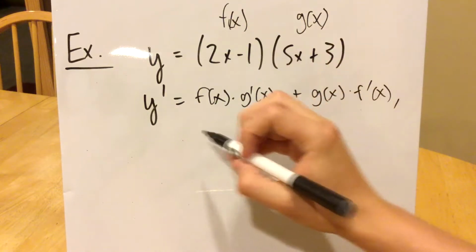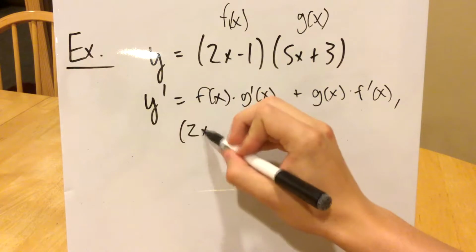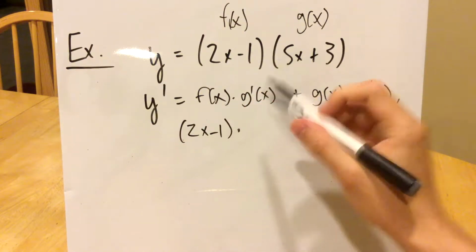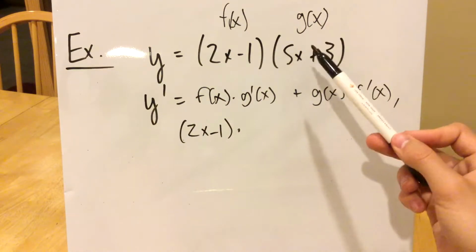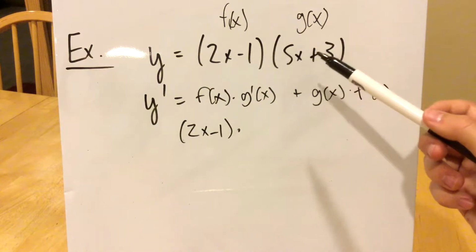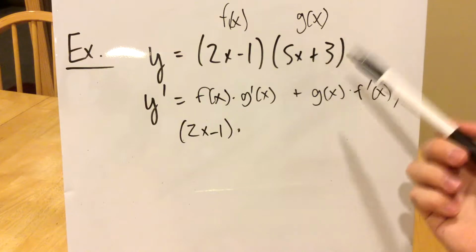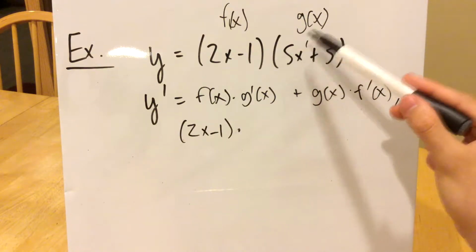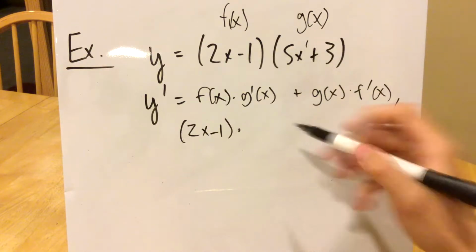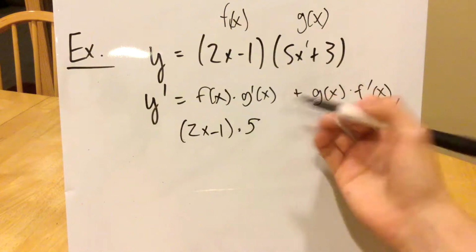So for f of x, we've got 2x minus 1 times, and our g prime of x, well, what is the derivative of g of x? Well, thinking back to the power rule, this is 5x to the 1 power, so that's 1 times 5, which is just 5, okay?